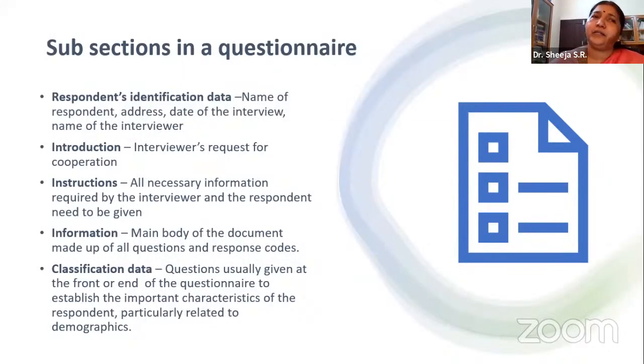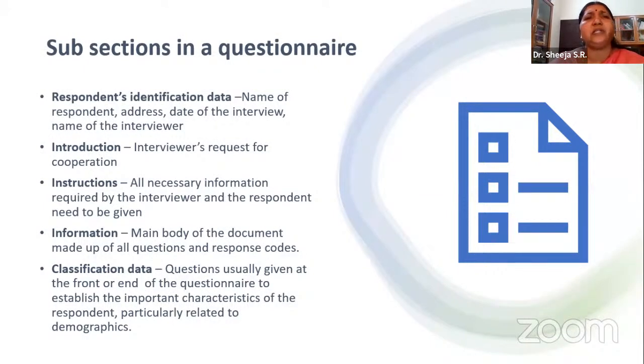Then in a questionnaire, you know that there will be many sections, subsections and sub-subsections. So now let us examine what the important sections in a questionnaire are. Initially, there will be some identification data regarding the respondent. Actually, this section is not compulsory.